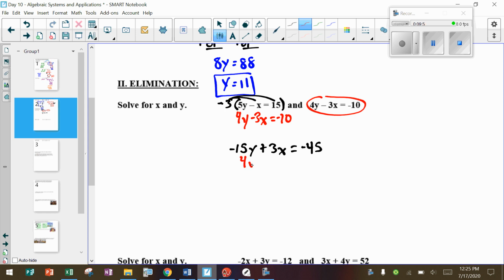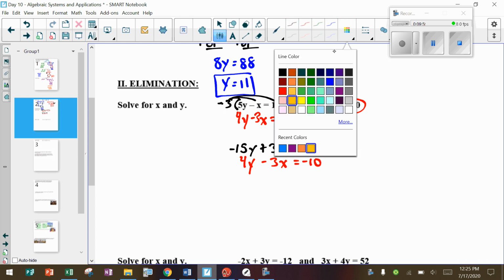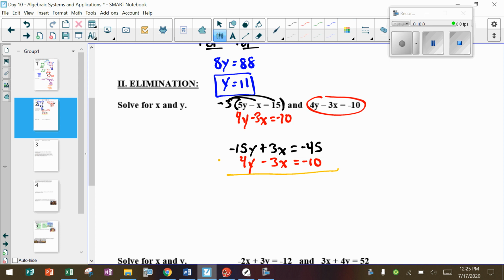The equation underneath it, I do not need to change because the work I did set up my problem. So when I add the two equations together, I have a plus 3x and a minus 3x. They will cancel out. They are eliminated. That's why it's called elimination. The rest of the numbers, whatever happens, happens, and I solve from there.